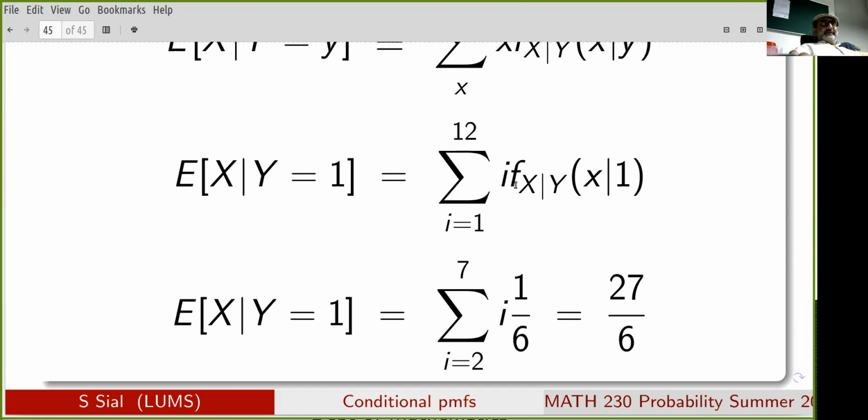So i times the conditional probability x is equal to i with y being fixed at 1.